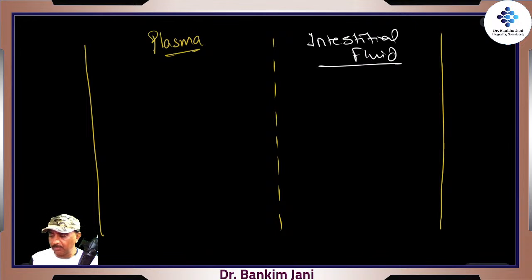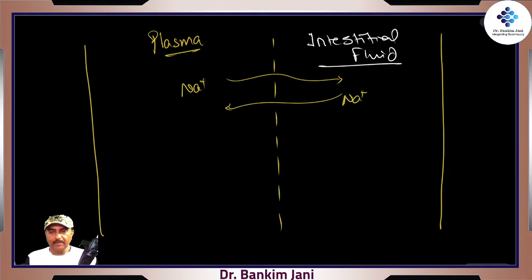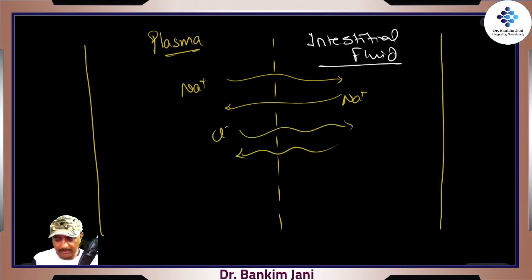When it comes to sodium, it goes here and goes here, they cross each other easily, and they will maintain the balance. No problems, things are good. What about chloride? Yes, they can also go back and forth. Depending upon the concentration, they will balance.